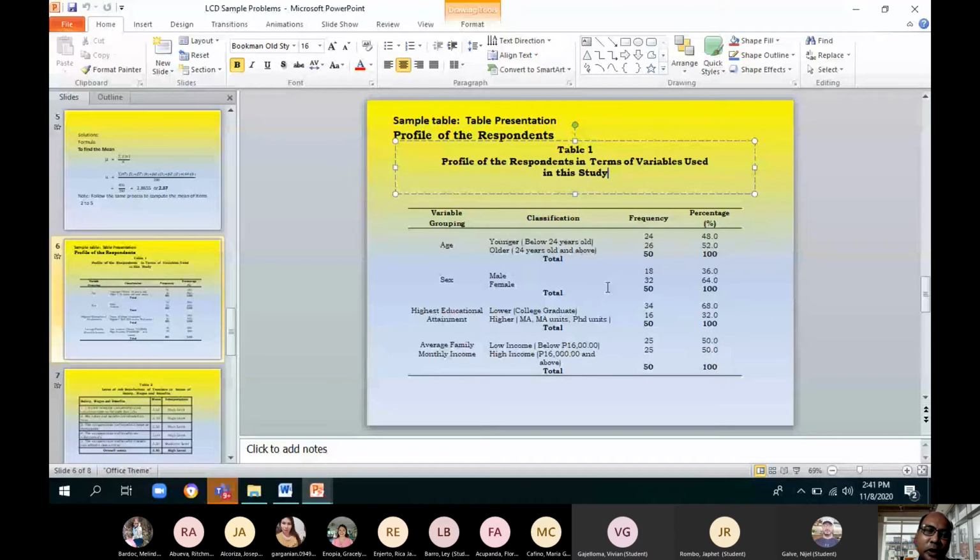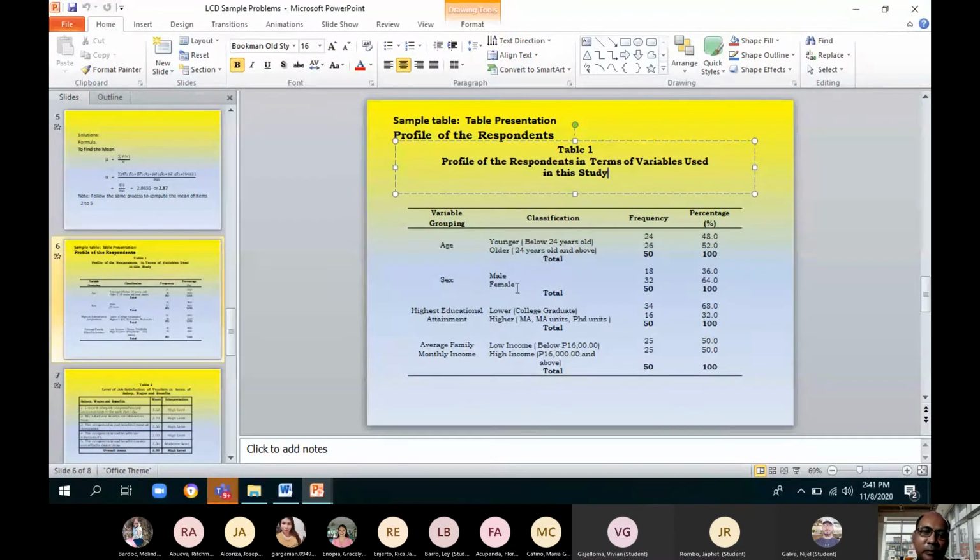Pwede i-resize ang table. Hindi naman na kung sa table, always 12 ang font size. Kung sa table, pwede ma-resize, as long as do not cut the table. Kung ang first part dito sa isang page, ang second part doon na sa next page, that is wrong.